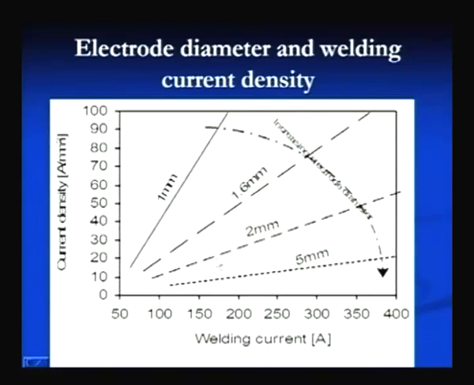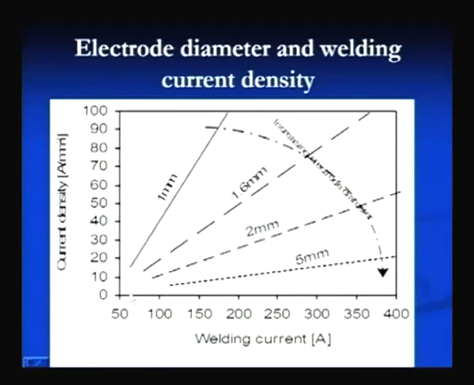If we increase the current, the current density also increases, but with welding current from say 120 to 400 ampere, the current density increases gradually with the large diameter electrodes.